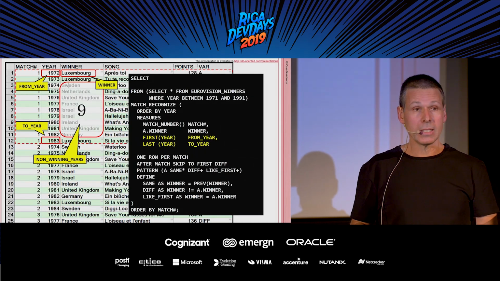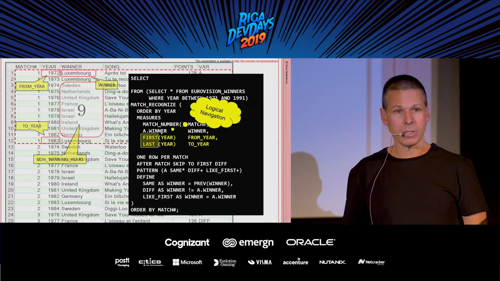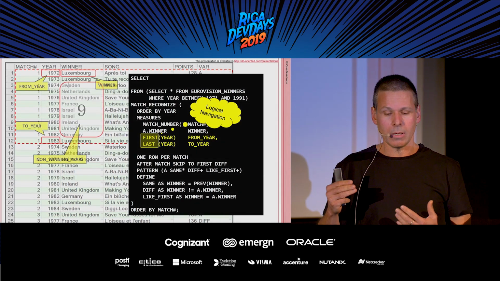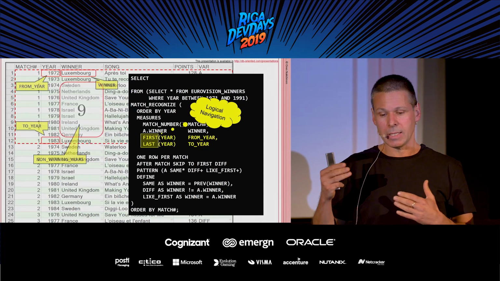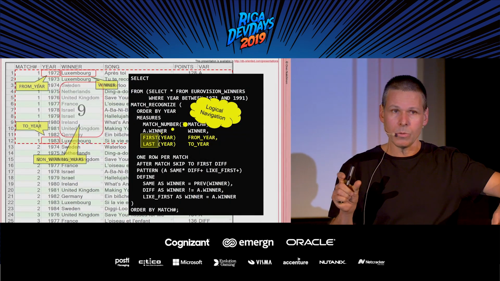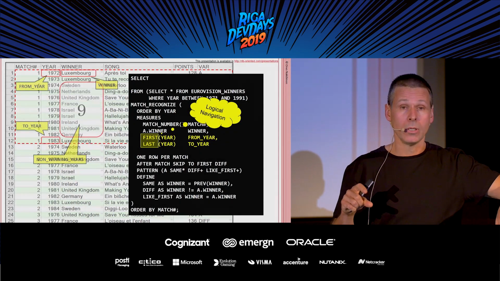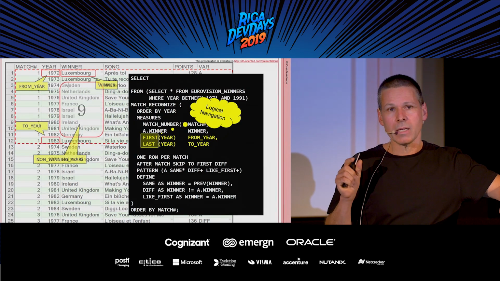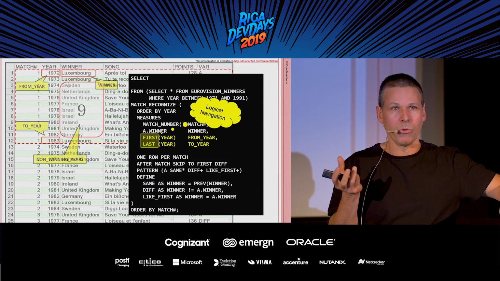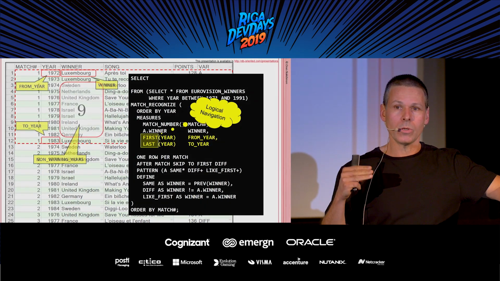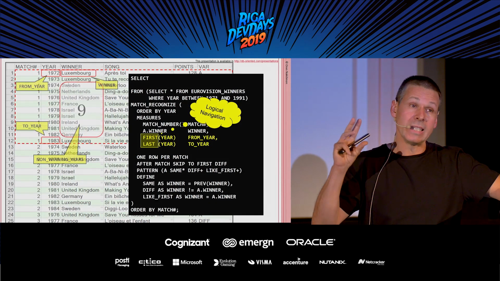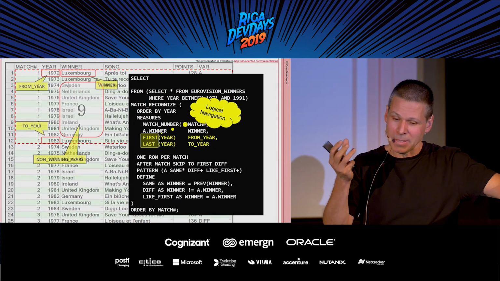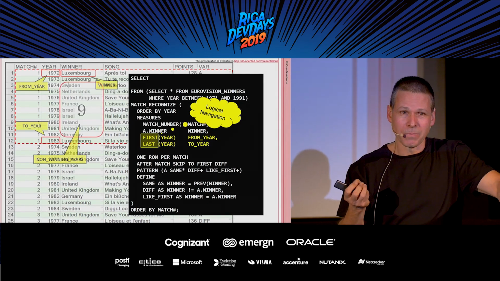We want the first year and the last year, and we use special functions. First and last return the first and last value from the current match. Unlike prev and next that we've seen before, prev and next are for physical navigation. They look across matches. They look only at the input row set.